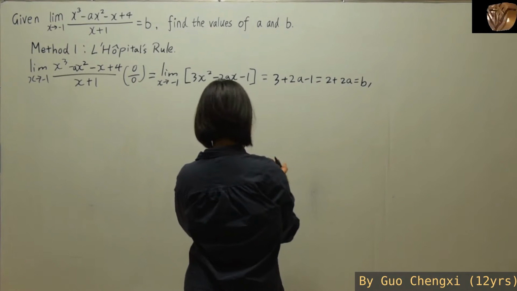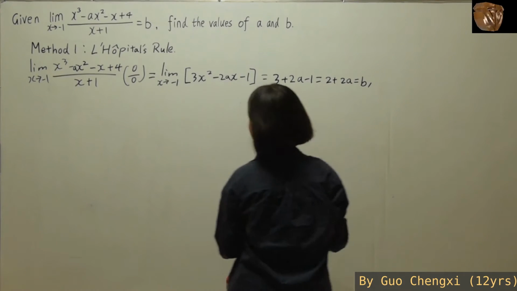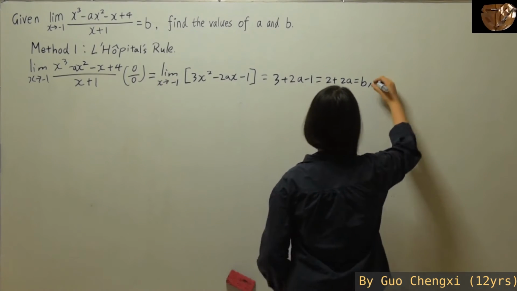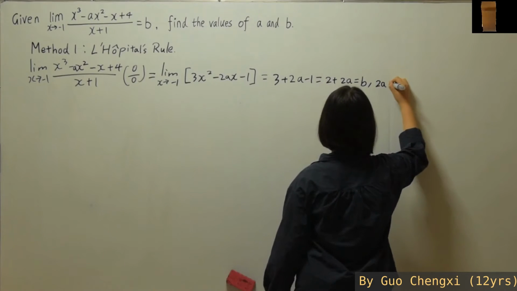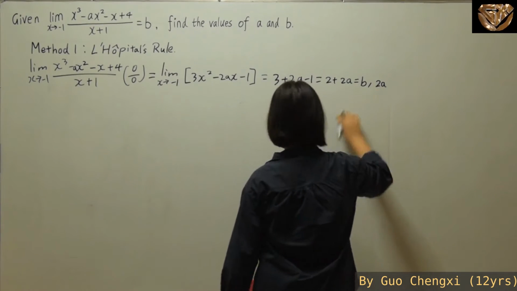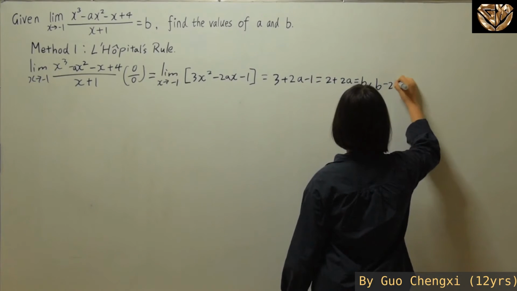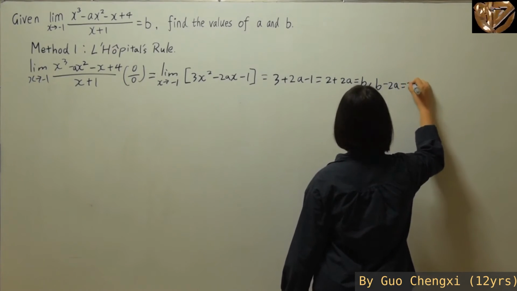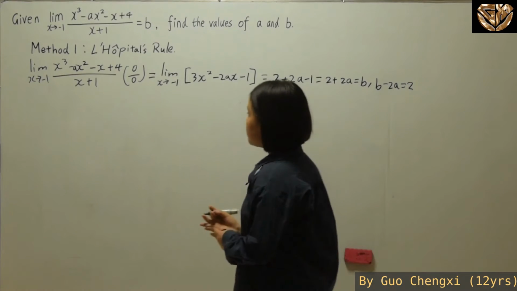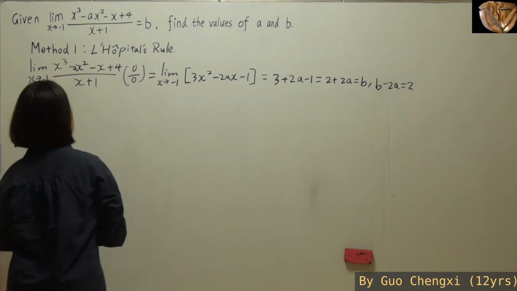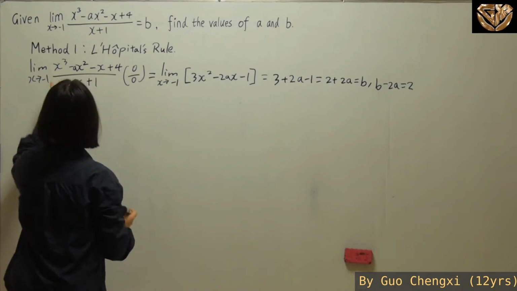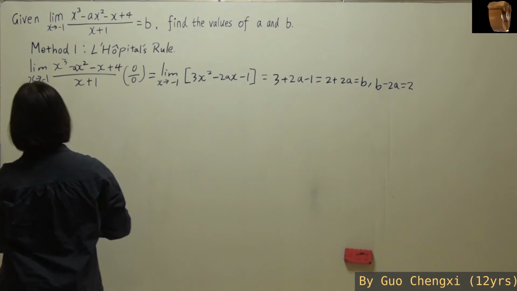So what can we tell here? Here we have that b minus 2a is equal to 2, right? Another thing we have to take note of is that the numerator will have to be equal to 0.